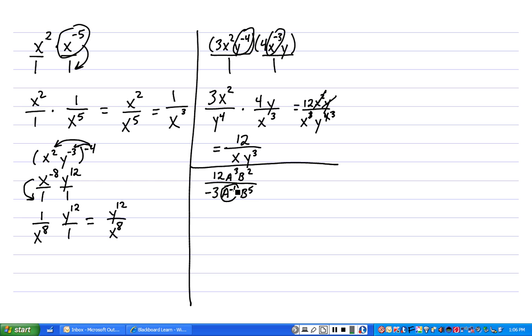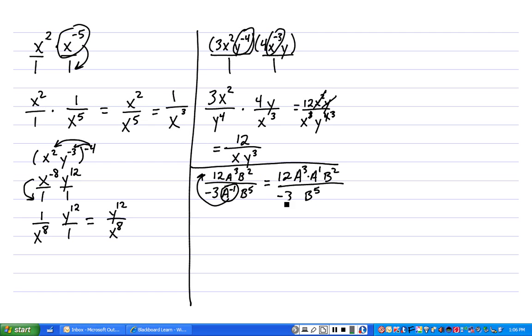So in this case, because my negative exponent term is in the denominator, I move it up to the numerator, and I would get this. Now if I move this up, it becomes a to the positive 1. Alright, and leave everything else as it was.